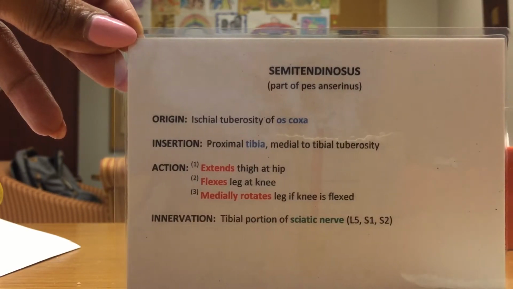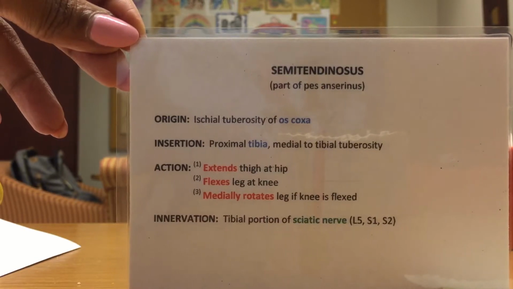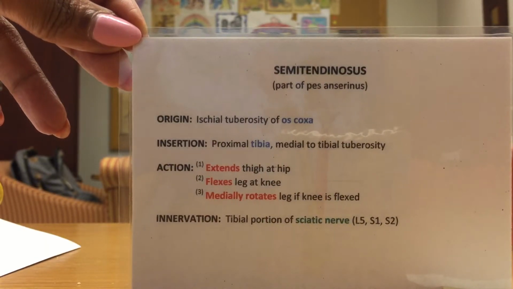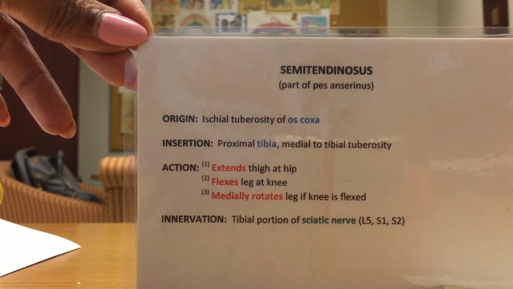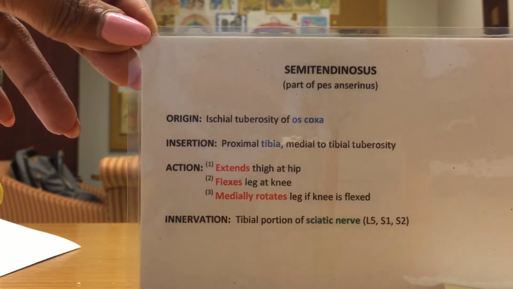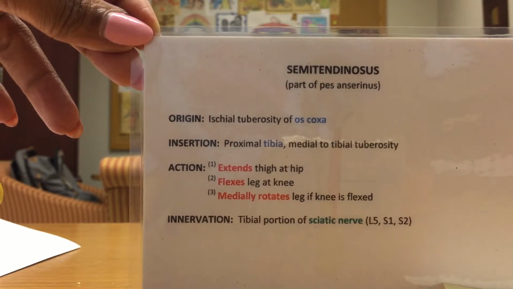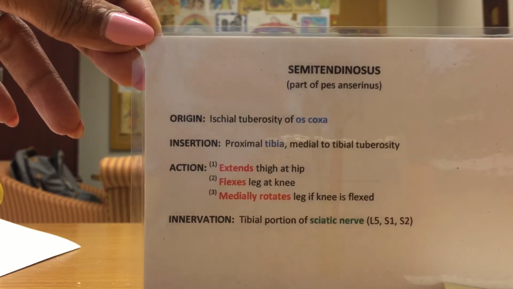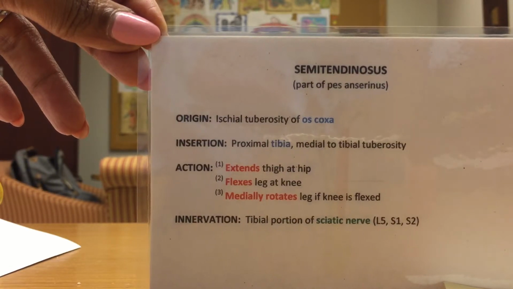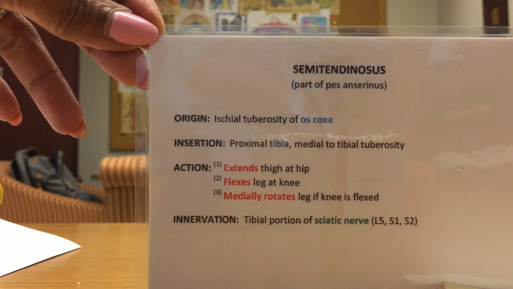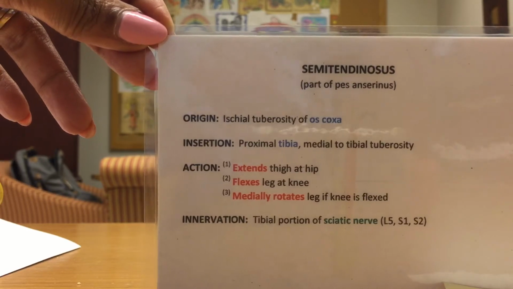It extends the thigh at the hip. And 2, it flexes the leg at the knee. But the third action is what's different from the biceps femoris. The third one is that it medially rotates the leg if the knee is flexed. So the innervation is the tibial portion of sciatic nerve, L5, S1, S2. So like I said, they're all the same.